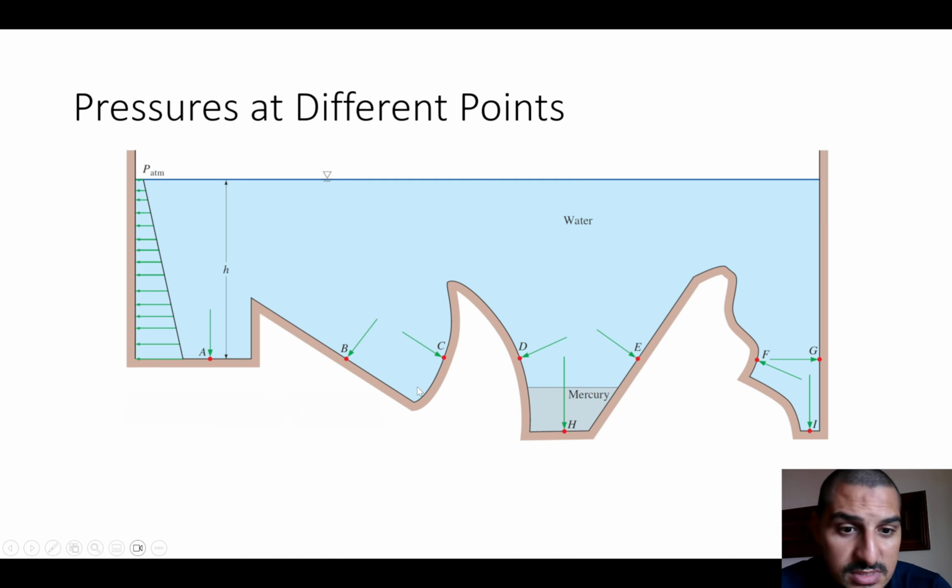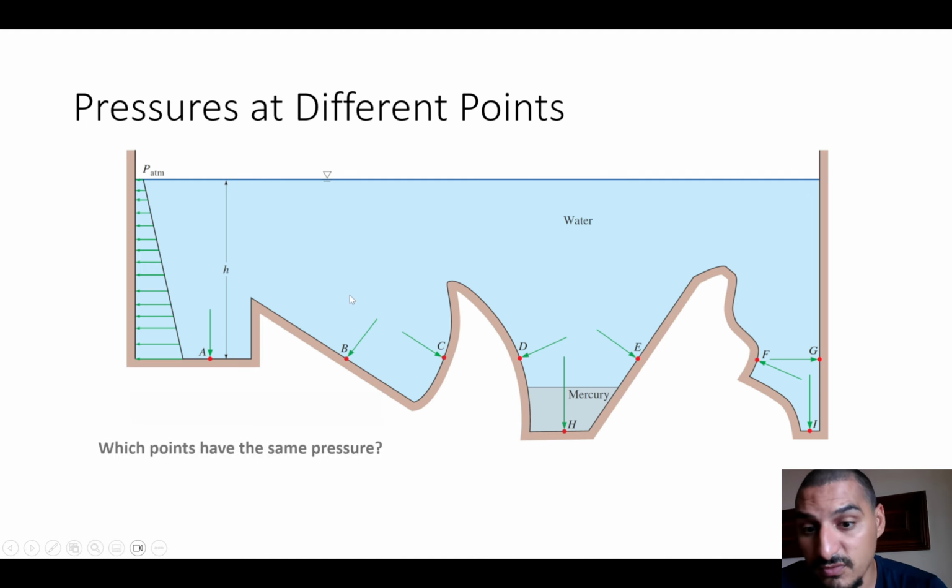There are some points that are highlighted here: point A, B, C, D, E, F, G, H, and I. Although points A, B, C, D, E, F, and G, all these 7 points, are not on the same flat surface, they are all at the same elevation or at the same depth in the same connected fluid.